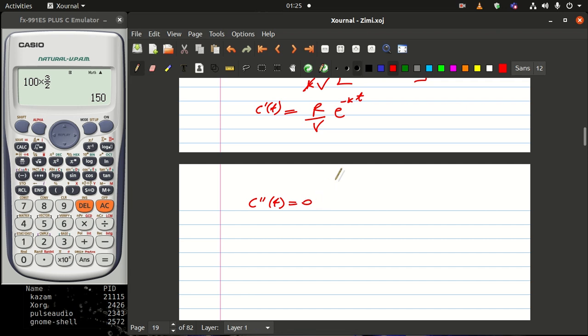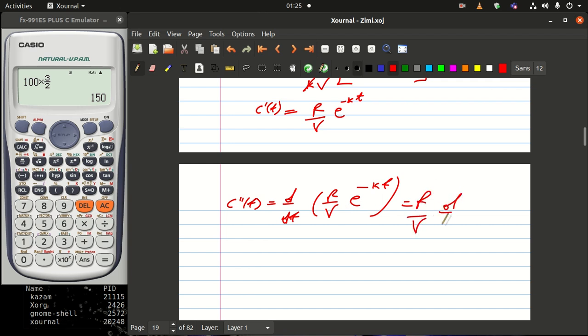So what is the second derivative with respect to time? I'm going to take the derivative with respect to time of r over v e raised to minus kt, pull the constant out, and take the derivative with respect to time of e raised to minus kt.